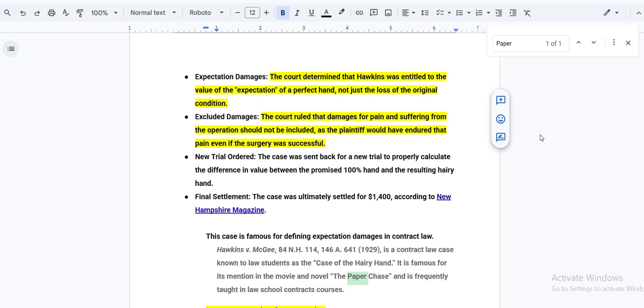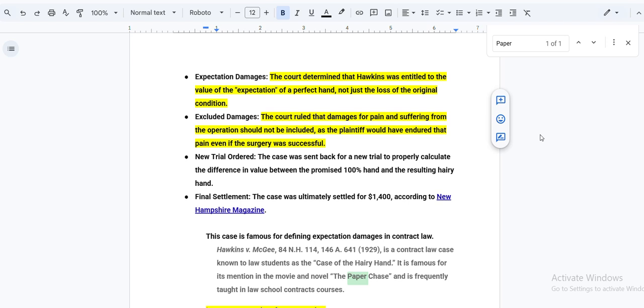So that's significant. The court also ruled that damages for pain and suffering from the operation should not be included because the plaintiff would have endured that pain even if the surgery was successful.